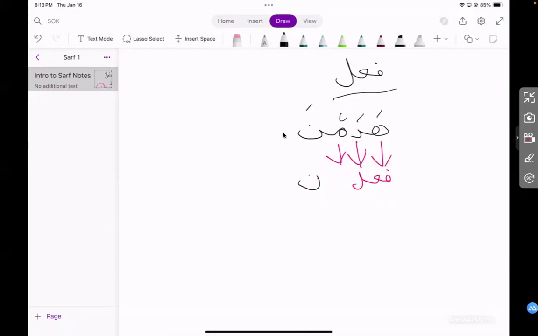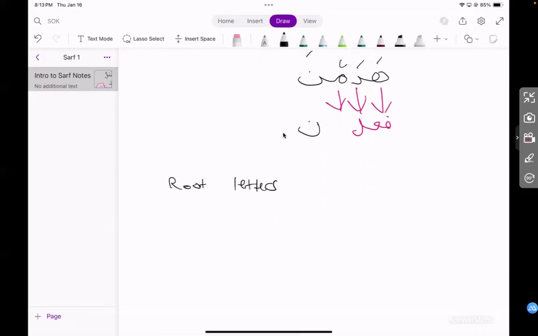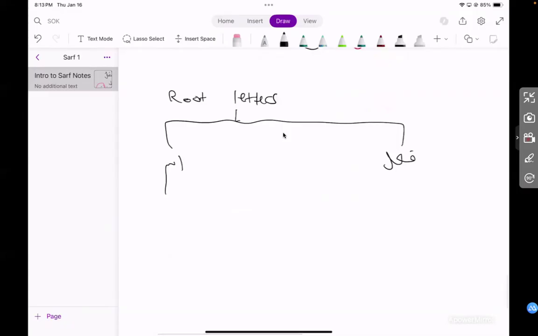When it comes to root letters, you have a few options. If you're discussing either a fi'l or an ism: for a fi'l, there are only two options, either three root letters or four.